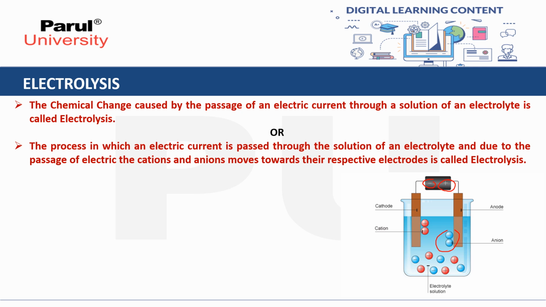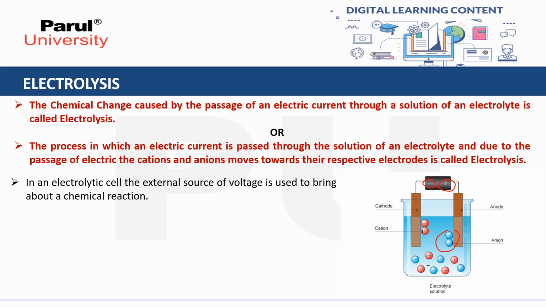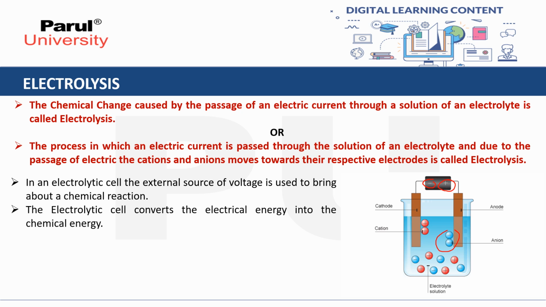In case of electrolysis, the current is used to induce the chemical reaction, whereas in case of an electrochemical cell, the chemical reaction is used to give the current. In an electrolytic cell, an external source of voltage is used to bring about a chemical reaction.